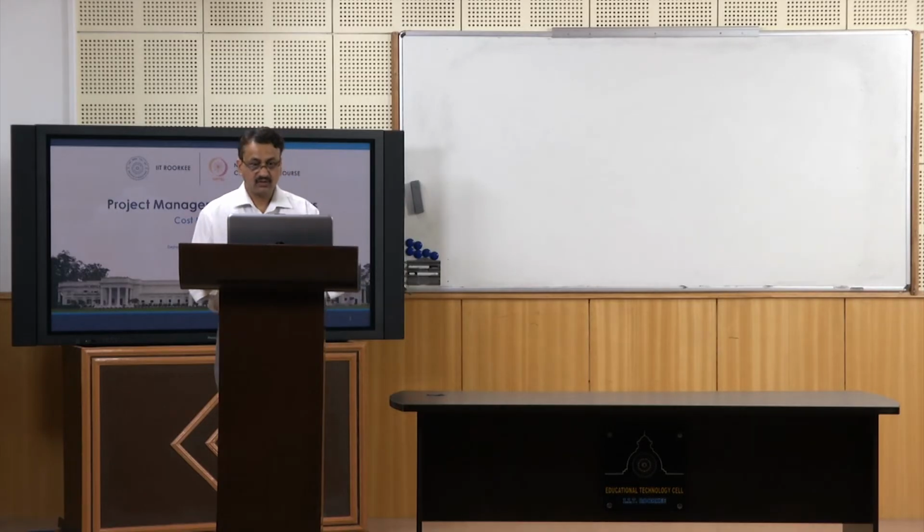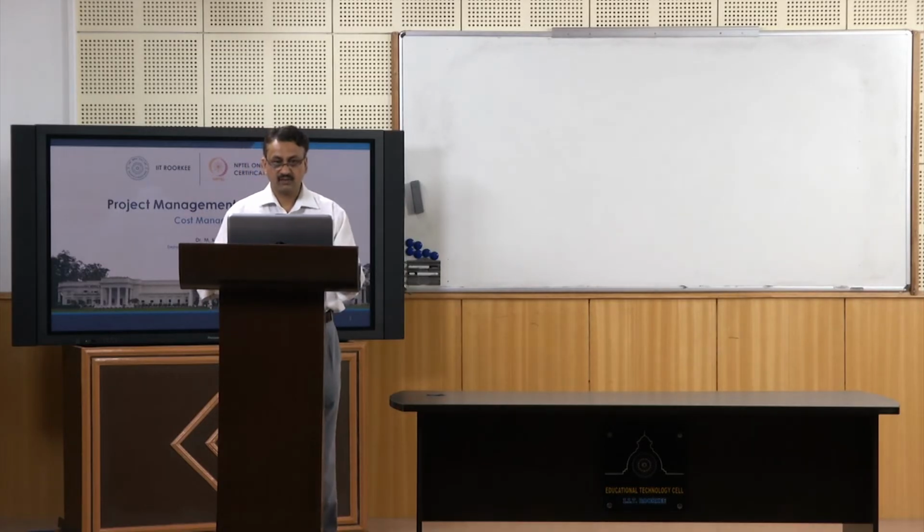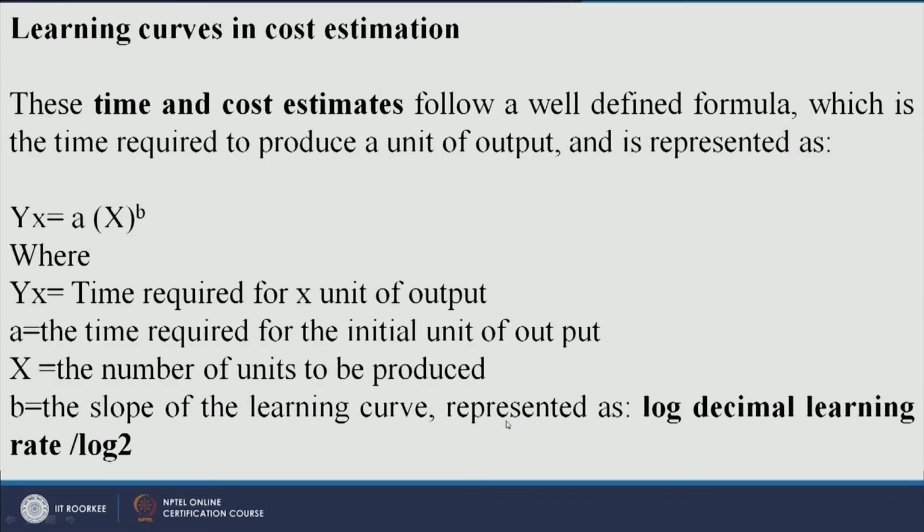Okay, so first of all you should identify what information is there in the question, right. So, we know the learning rate, isn't it? We know the steady state time, and we know how many units are to be produced. So, if you look at this formula, first try to find the value of B, the slope of the learning curve. So, this is log of the decimal learning rate divided by log 2.